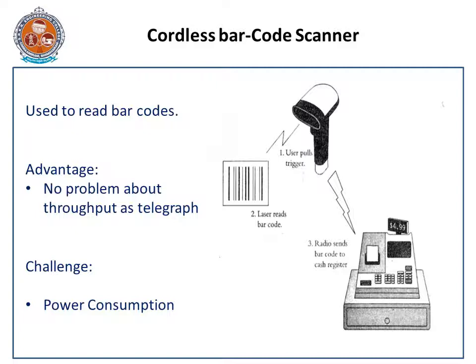It does not have the throughput problem that the telegraph had, and it faced another challenge, that is power consumption. Since the scanner is cordless, it depends on the power source of a battery. To save power, the parts of hardware that are not needed at any given moment should be turned off. Thus we can save power.